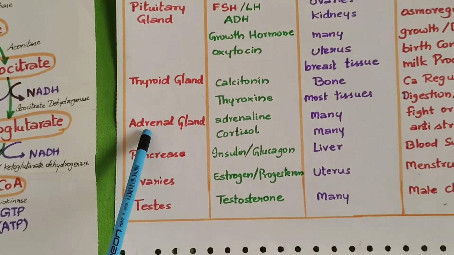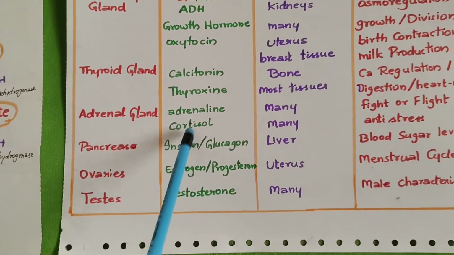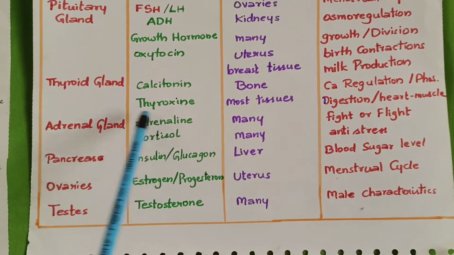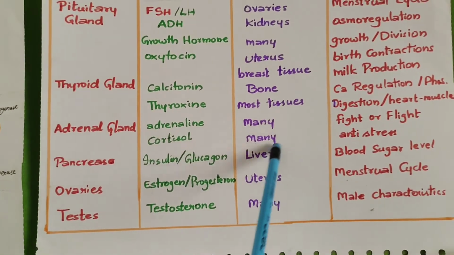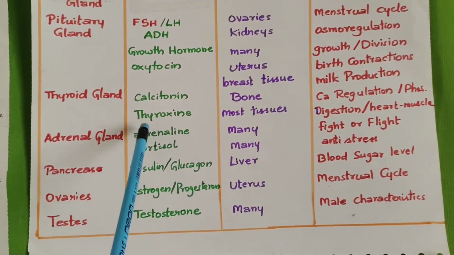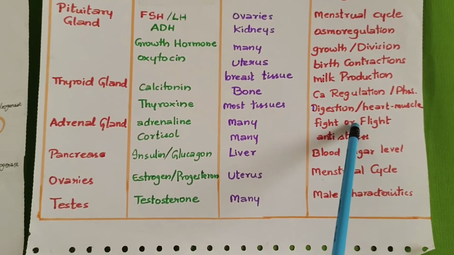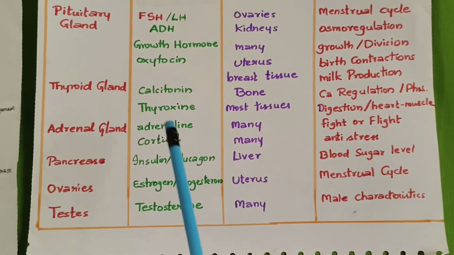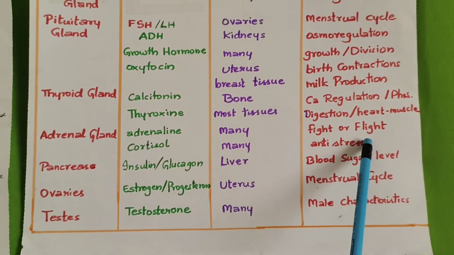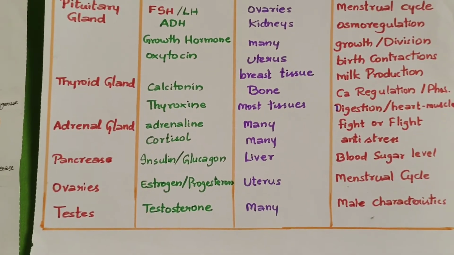Okay. Adrenal gland, adrenaline and cortisol. Adrenaline secretions target many organs in your body. Adrenaline is fight or flight. It is also called the emergency hormone. And cortisol, its function is anti-stress, so it reduces your stress.